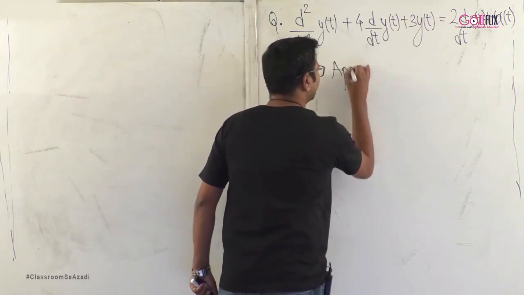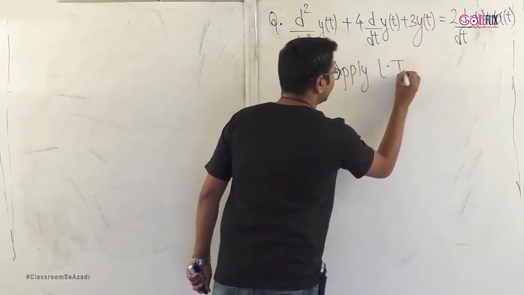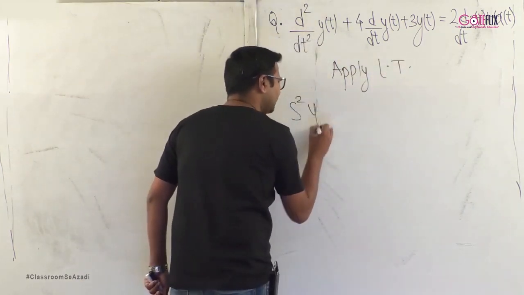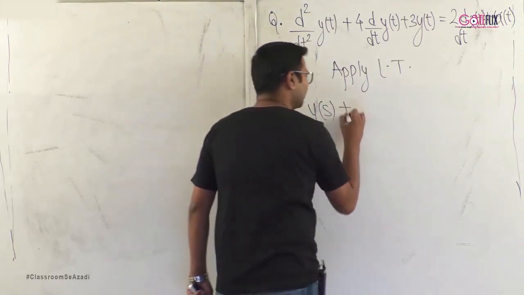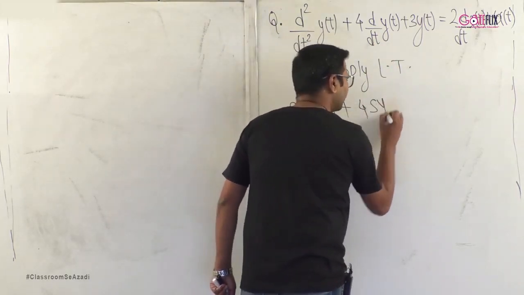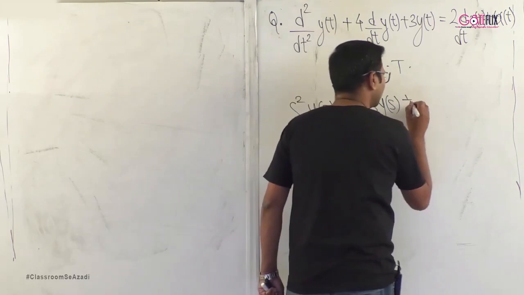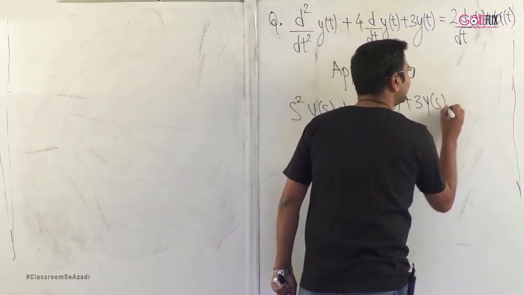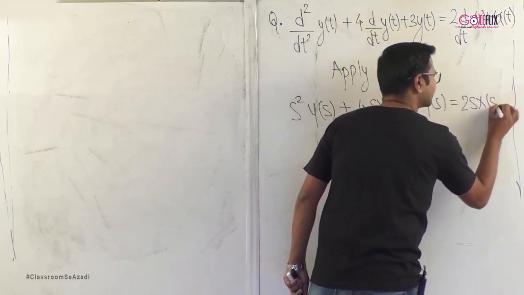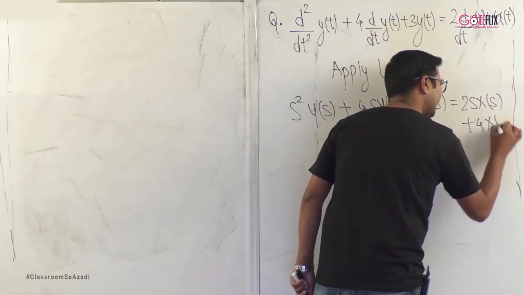If we apply Laplace transform to the given equation, then this will be s square Y of s plus derivative will become 4s Y of s plus 3 Y of s. This will become 2s X of s plus 4 into X of s.